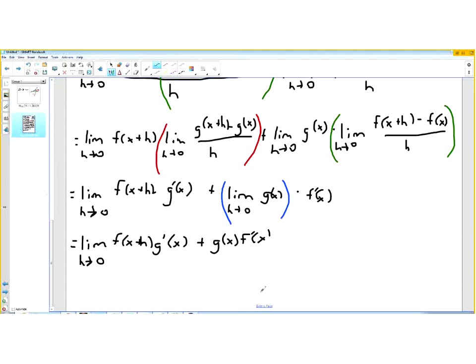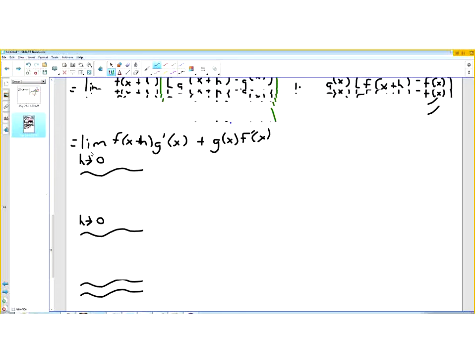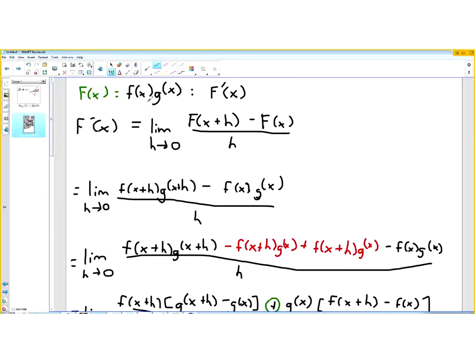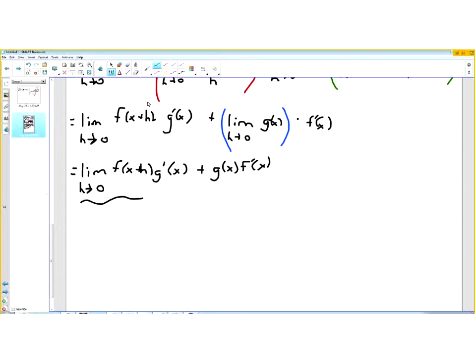The next thing we have to do is simplify the last remaining limit operator right here. At the start of this problem, I mentioned that f and g both have to be differentiable on the interval for which we're taking this derivative. Recall from chapter 2 that if a function is differentiable, then it is continuous.